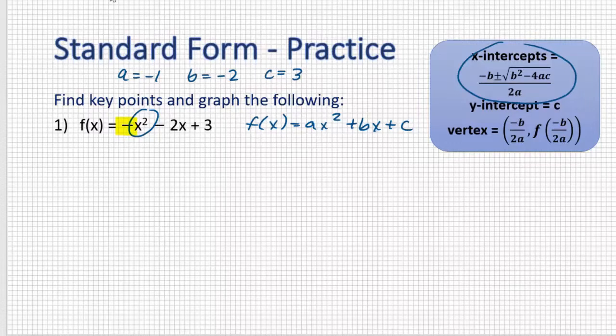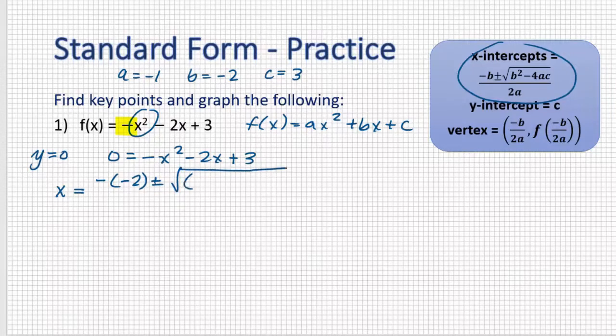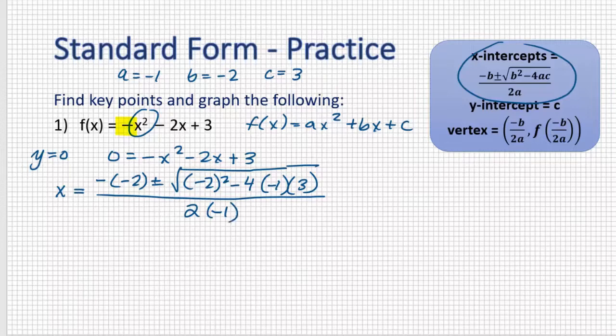The x-intercepts we'll find using the quadratic formula. Of course, we've set y equal to 0 to find these, so we're solving for x given that 0 is equal to negative x squared minus 2x plus 3. We already know the values for a, b, and c, so we simply fill these in. So we have x is equal to negative b, or negative times negative 2, plus or minus the square root of b squared, so that's negative 2 squared, minus 4 times a, which is negative 1, times c, which has a value of 3 in this case, all divided by 2 times a, which in our case is negative 1.